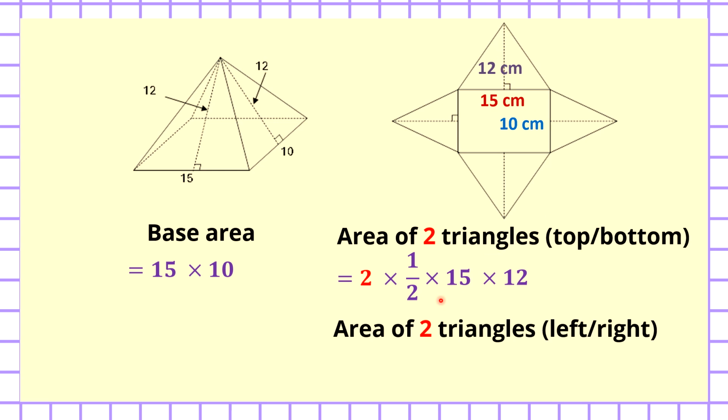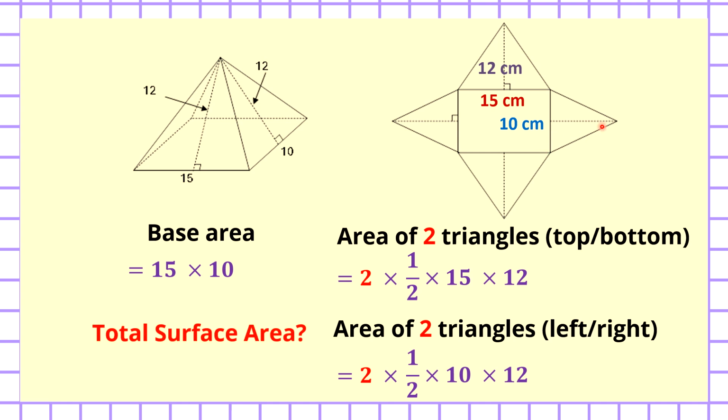And for the area of the two triangles on the left and right, again it is two faces the same, and then multiply by half times the base, which is 10 now, and then times the height. So are you able to find the total surface area? All you need is just to sum them all up. Do let me know in the comments below what answer you get.